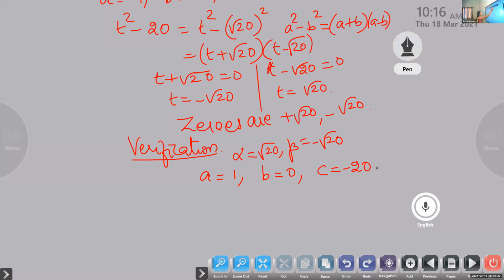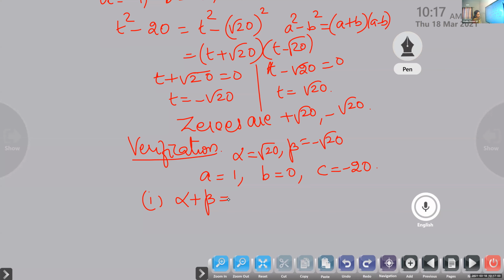What is the first relation you have to verify? The sum.